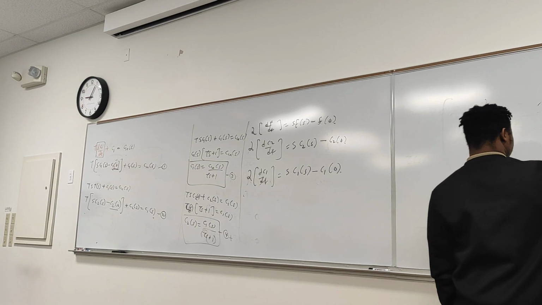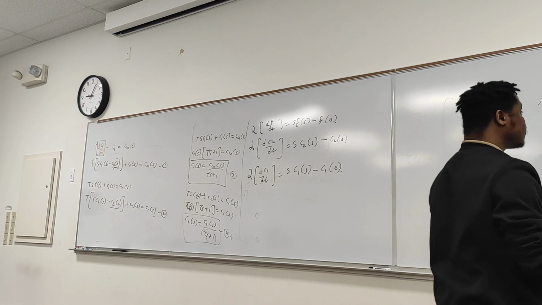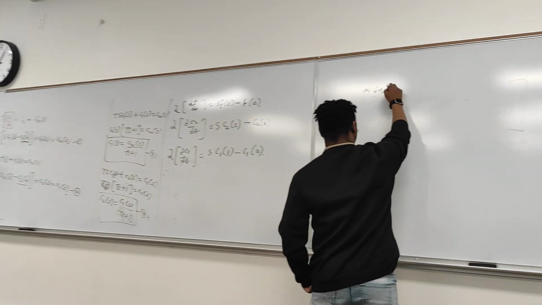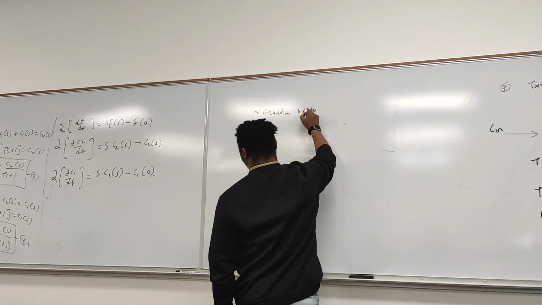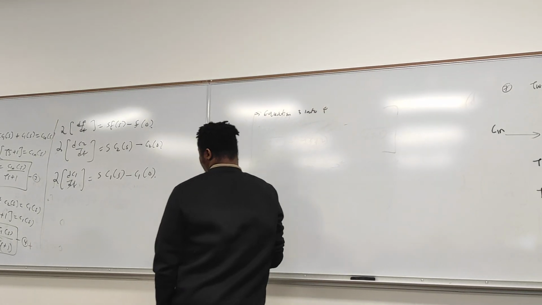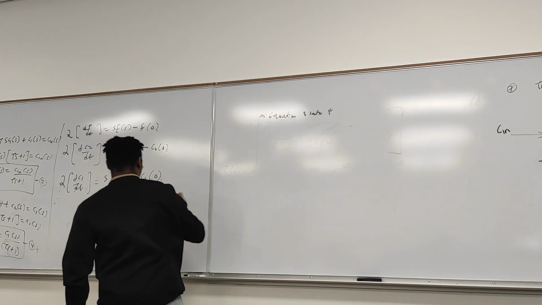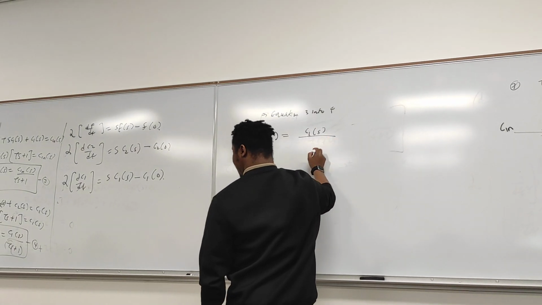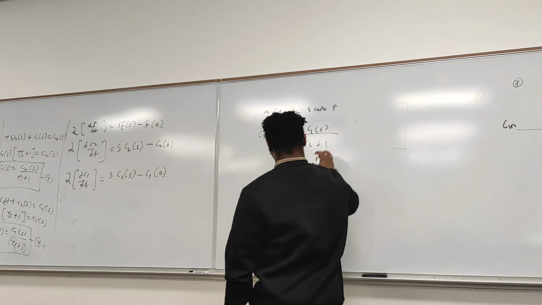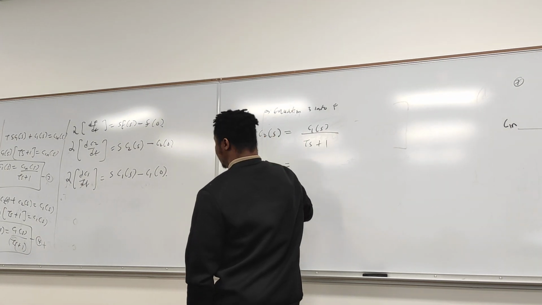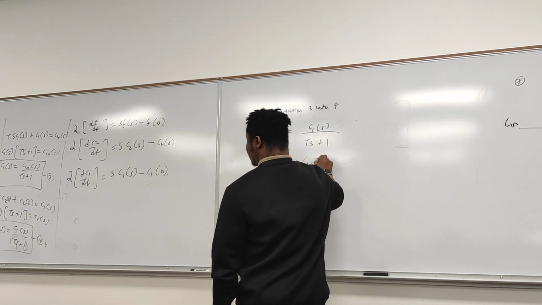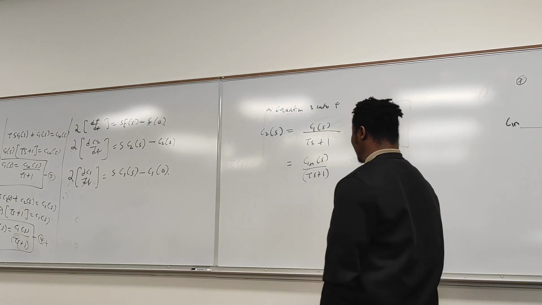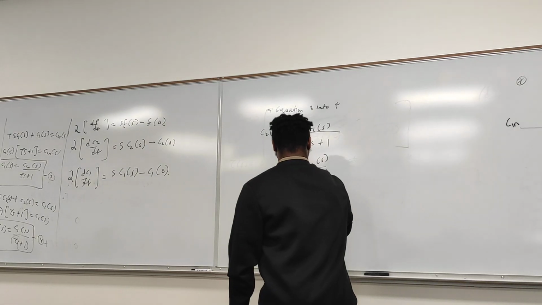If you put equation 3 into equation 4, our equation 4 is C2 in the Laplace domain, C1 of S divided by tau S plus 1. Instead of C1, our C1 is C in of S divided by tau S plus 1. Then we divide it by tau S plus 1 like this.